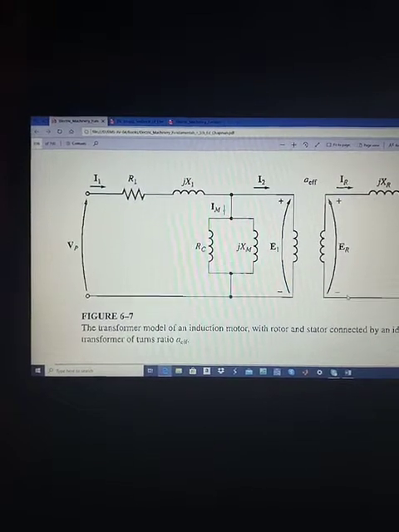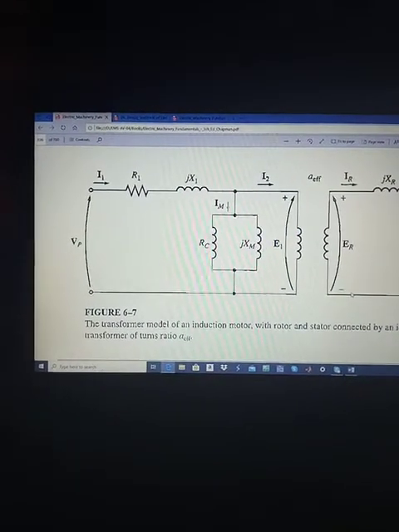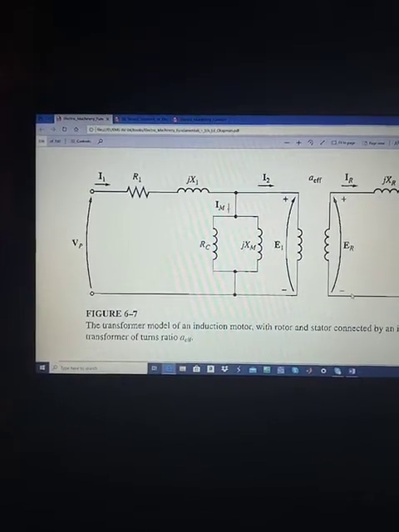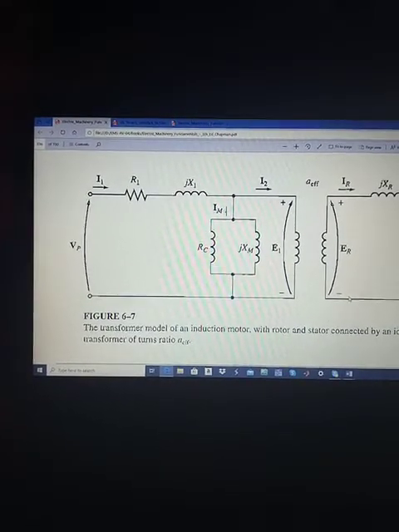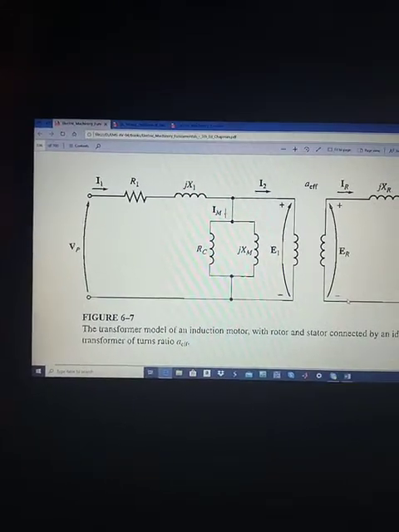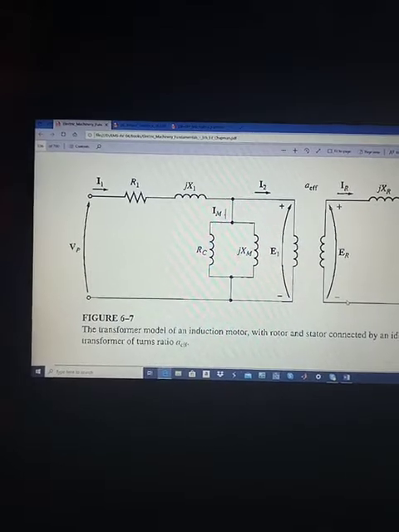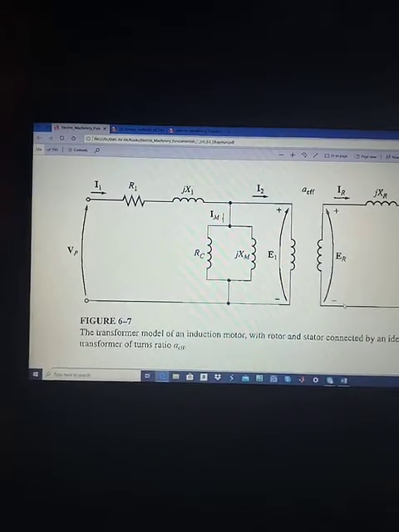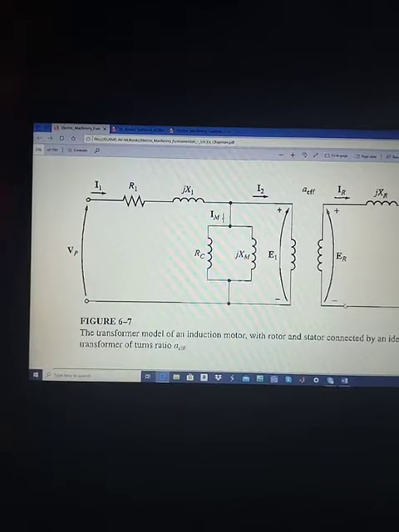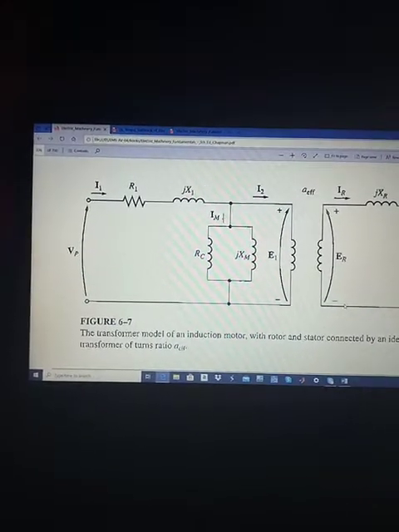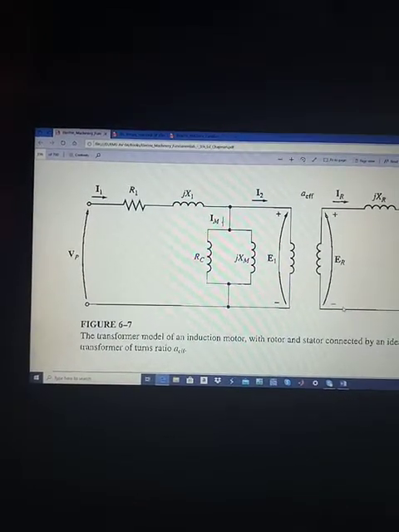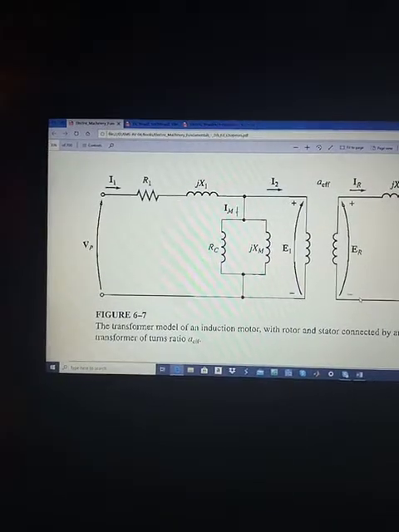The smallest voltage and frequency occur when the slip is 0, when the rotor of the induction motor rotates at synchronous speed. So in this case the slip is 0, the induced voltage in the rotor will be 0, and the frequency of the rotor voltage will be 0.